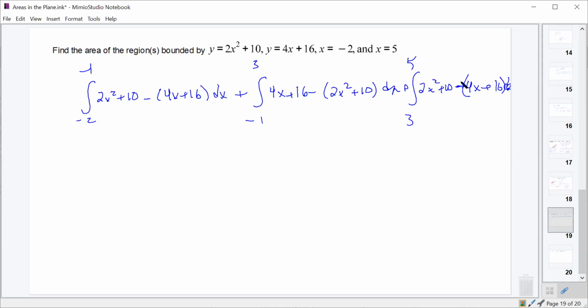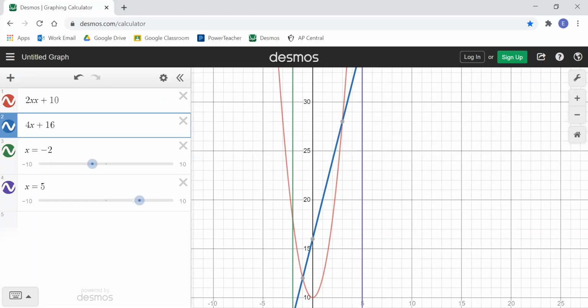Can you explain why you just did that again? Can you explain where you got the integrals from? Yeah, so it's always the upper function minus the lower function to find the area of the regions between them. So from -2 to -1, the parabola is above the line, so it's got to be parabola equation minus linear equation.